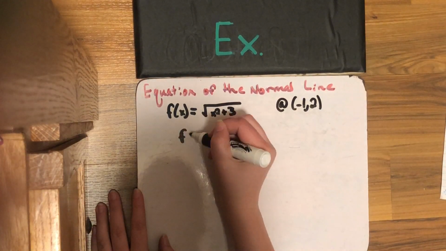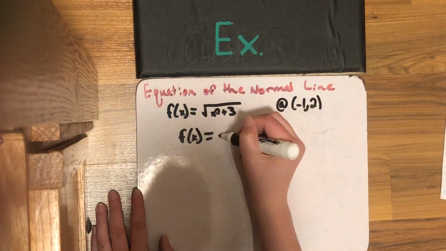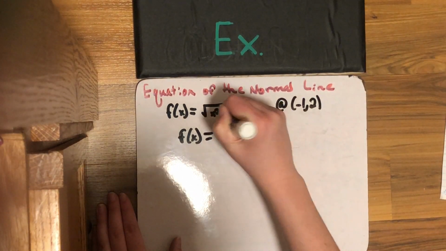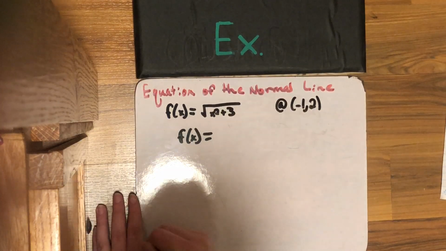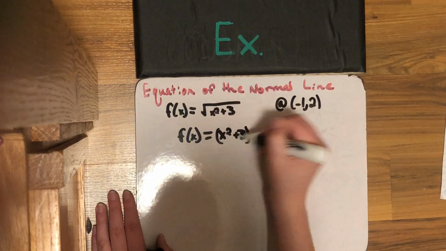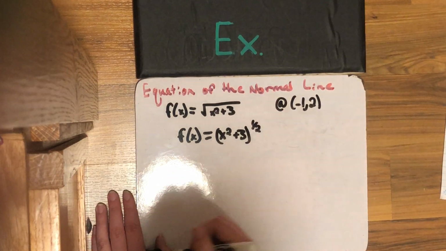So we're going to have f of x equals square root of x squared plus 3. Well, we're going to move the square root to be a power so that we can handle it better. And that would be to the 1/2.